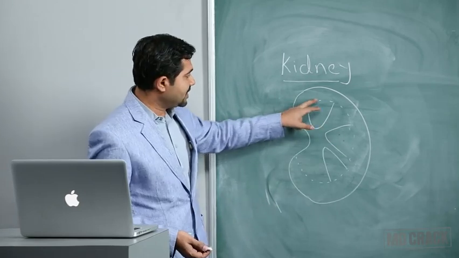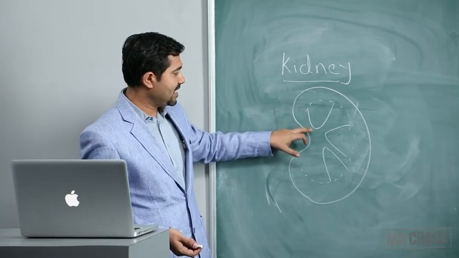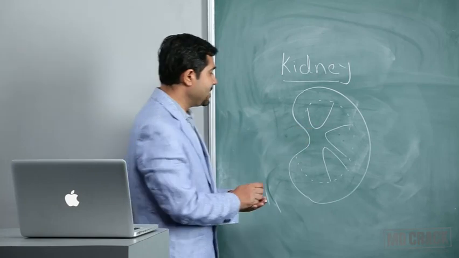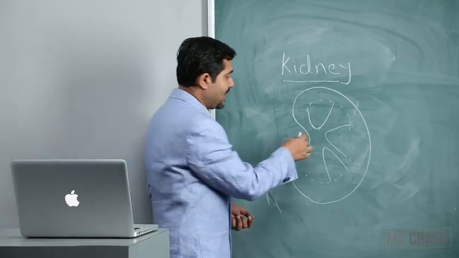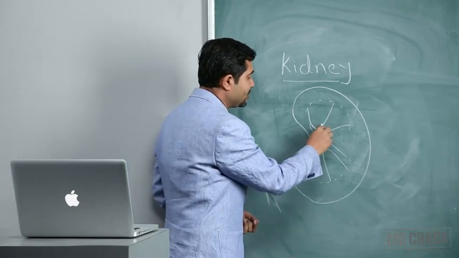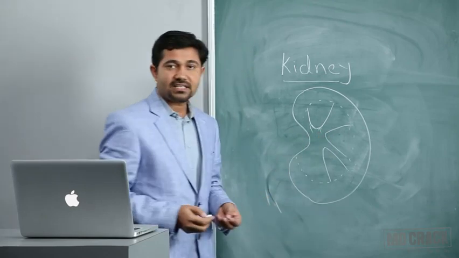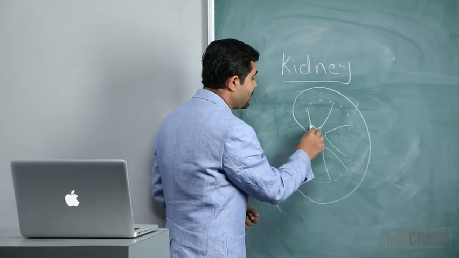The base of the renal pyramid is at the junction of the cortex and medulla, whereas the apex, which is called the papilla, is towards the hilum. This papilla ultimately ends in the minor calyx. The minor calyx will end in the major calyx, and the major calyx will ultimately end in the renal pelvis.